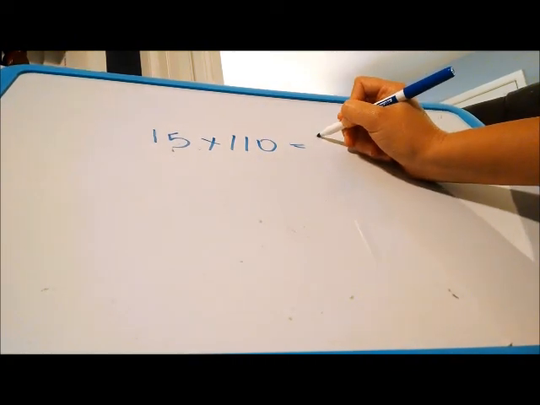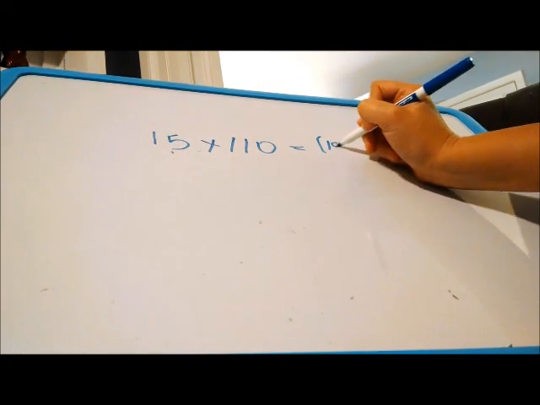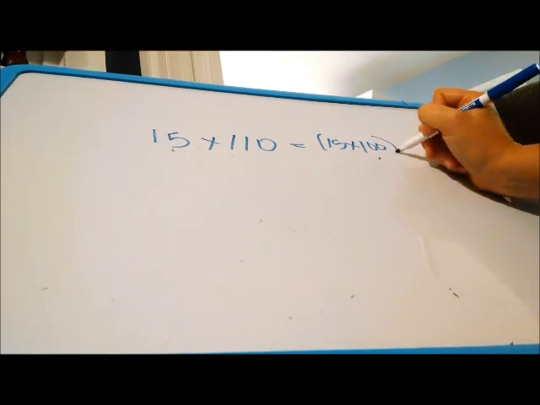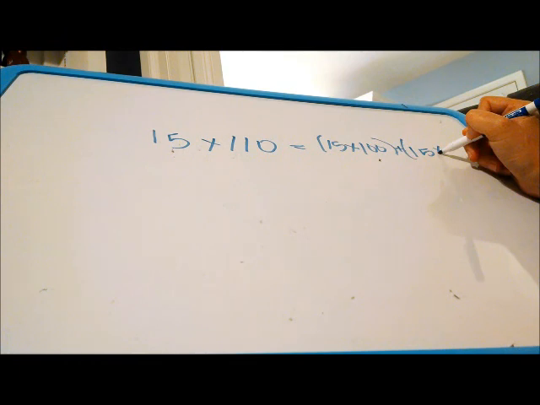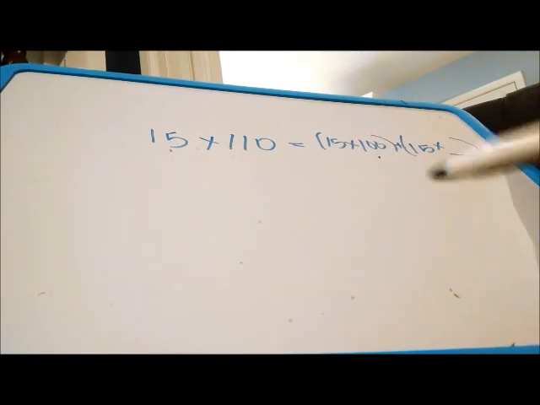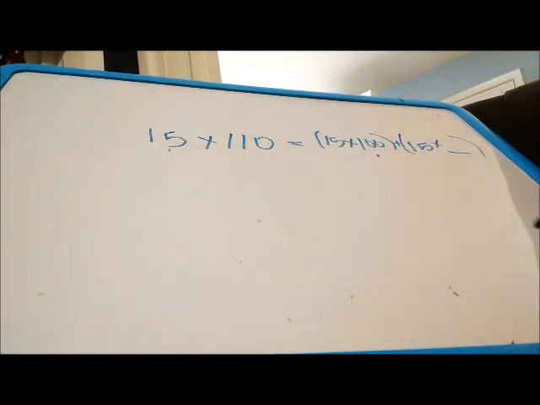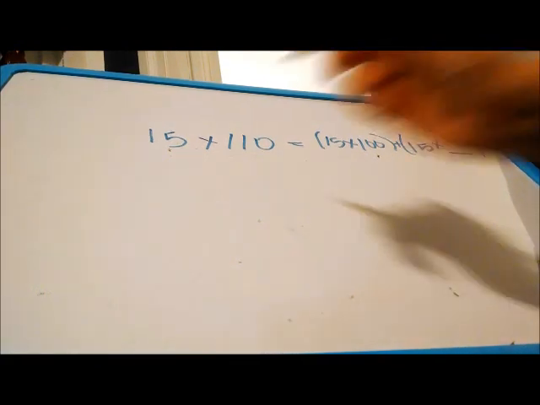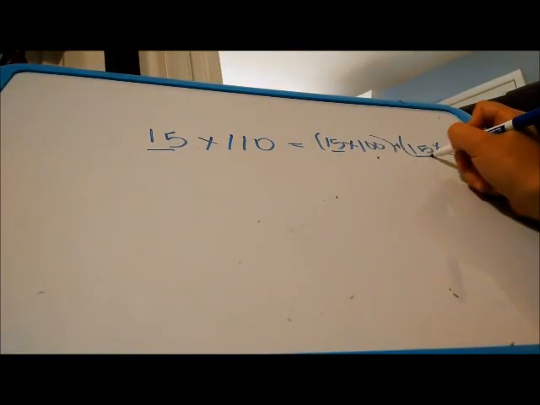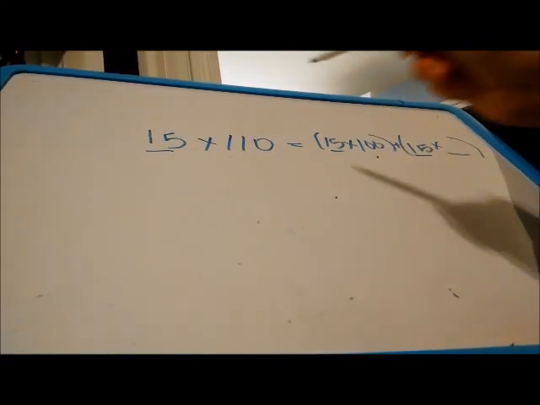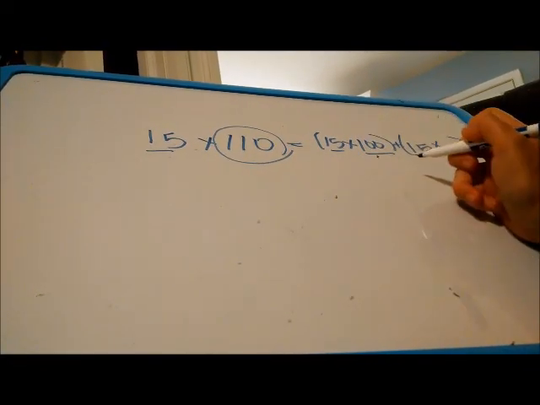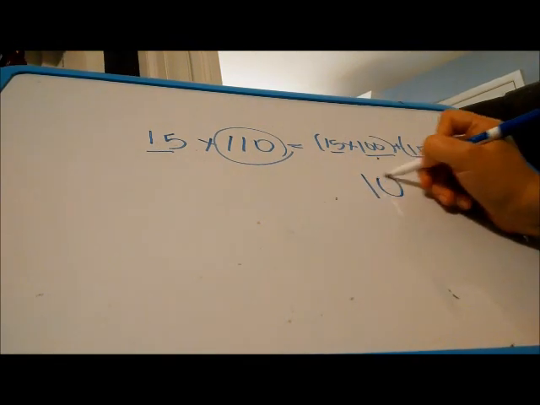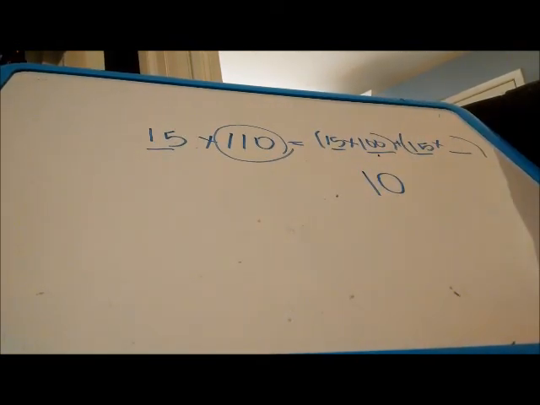And we have 15 times 100 plus 15 times a mystery number on this side. Well, if you know the distributive property, we see that each of these have been times by the 15. So we must have just broken up this factor into 100 and 10. N should be 10. You should have had A for number 7.